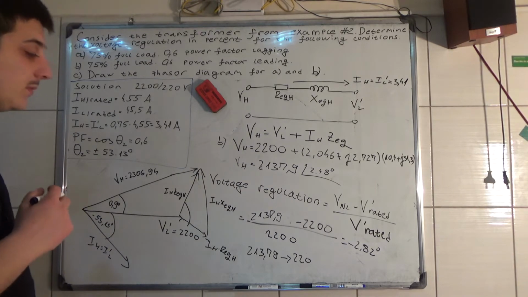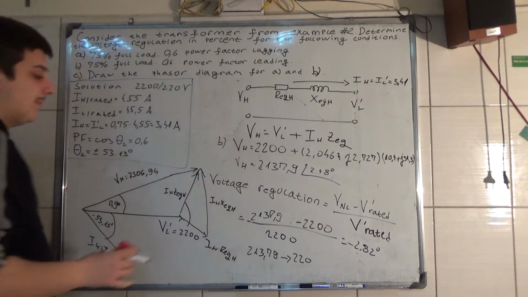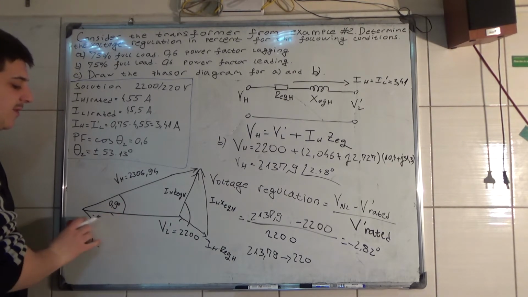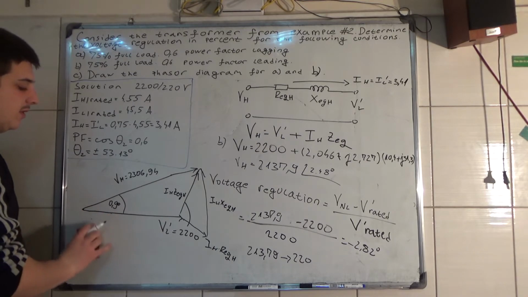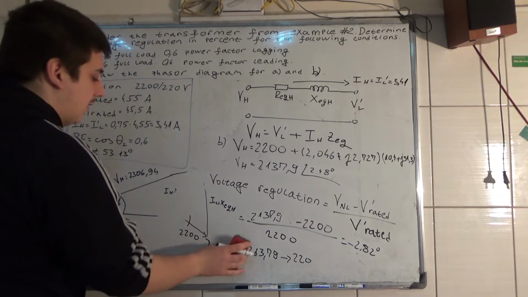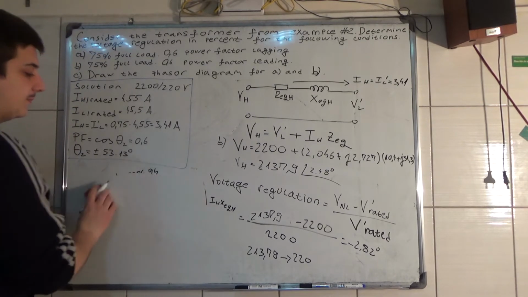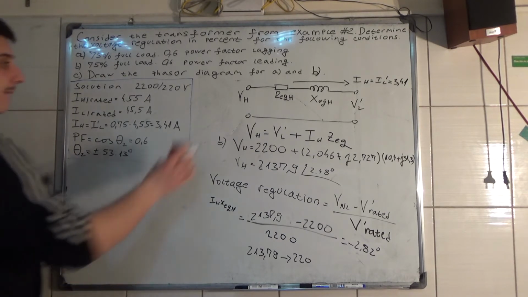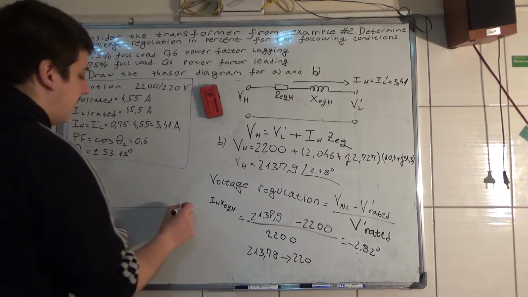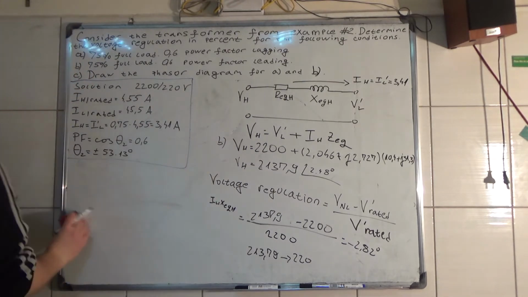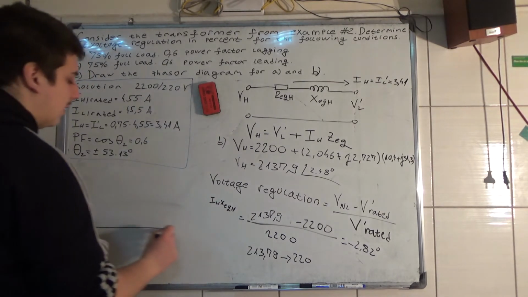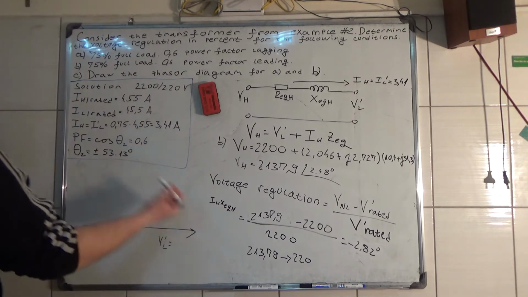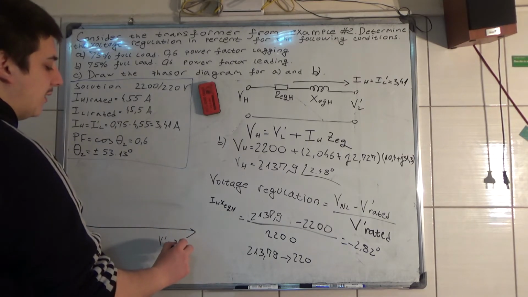And now let's do the phasor diagram for power factor leading. Now this was for lagging, and now we have a leading power. Here we have the low terminal referred on the primary side, 2200 volts.